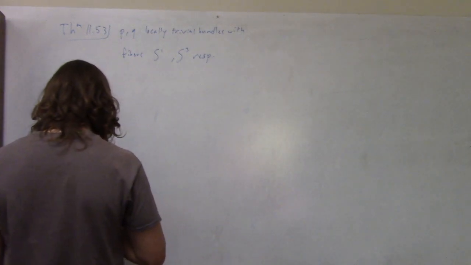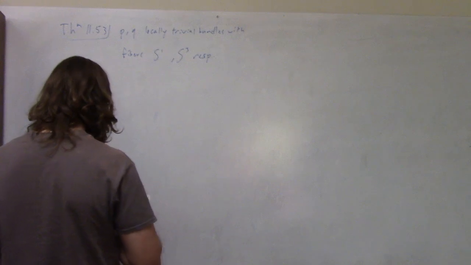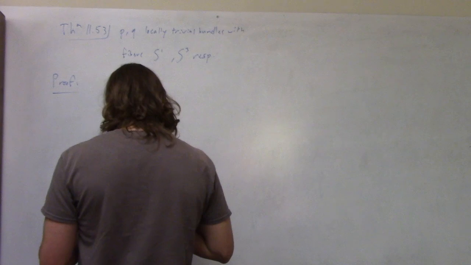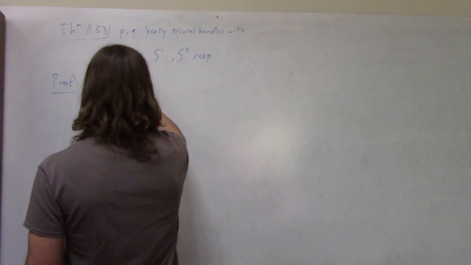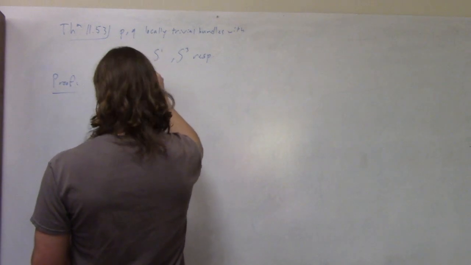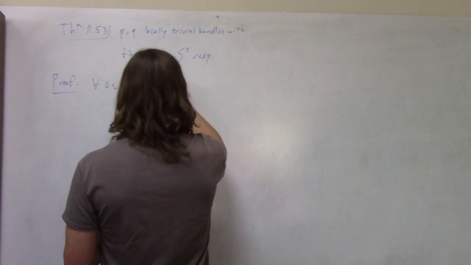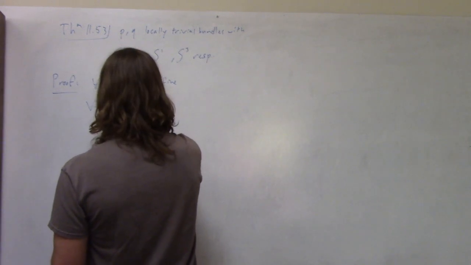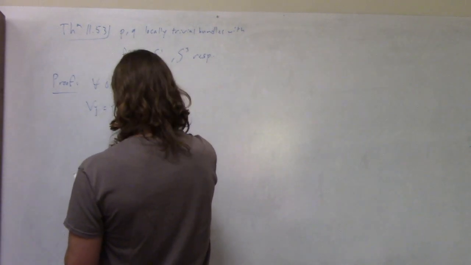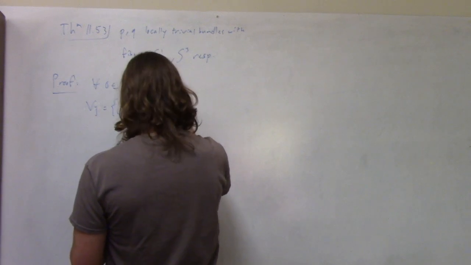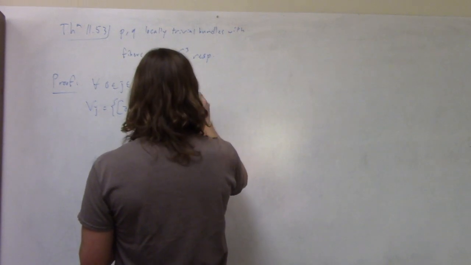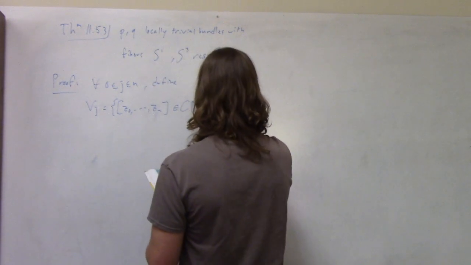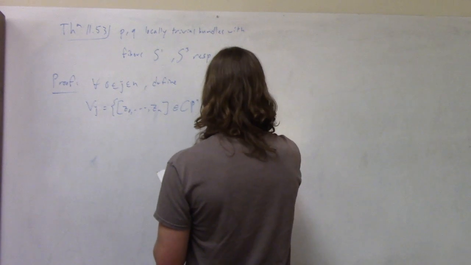Alright, so we start with showing that P is locally trivial. The proof for Q is similar, I believe. For each j, 0 less than or equal to j less than or equal to n, we define Vj to be the set of equivalence classes z naught, ..., zn, which run in this projective space, such that zj is different than 0.